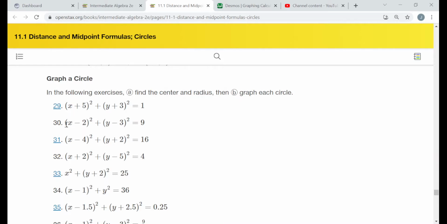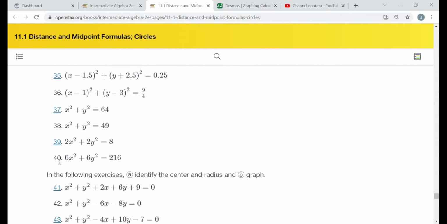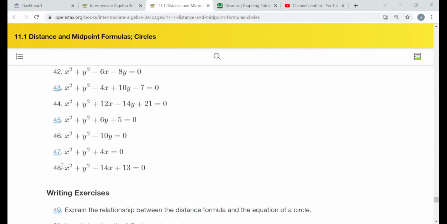Now, I'll only be working on the even numbered exercises, so the ones that don't have a link to the solutions. The odd numbered ones do, so I won't be doing those. So I'll be doing exercises 30, 32, 34, all the way to 48.